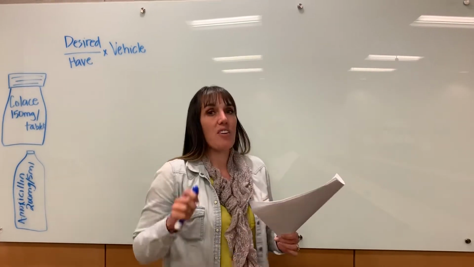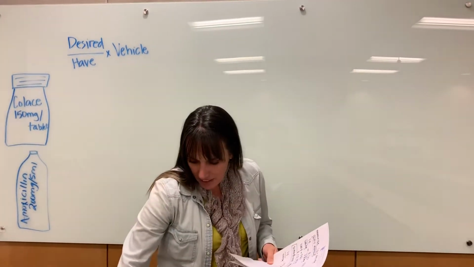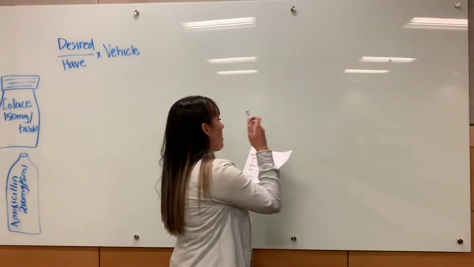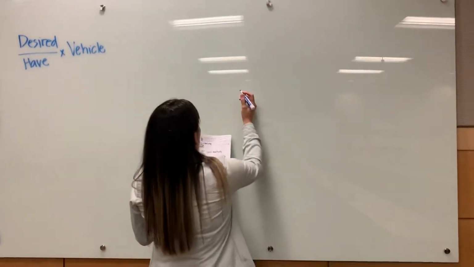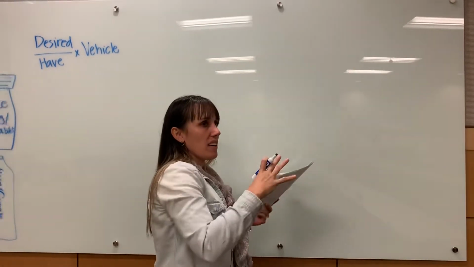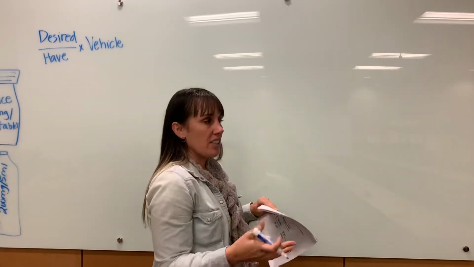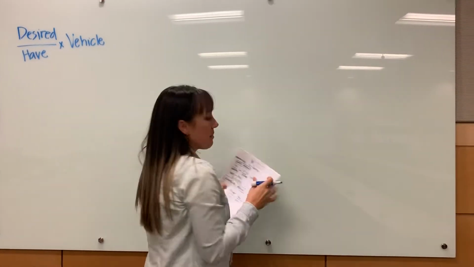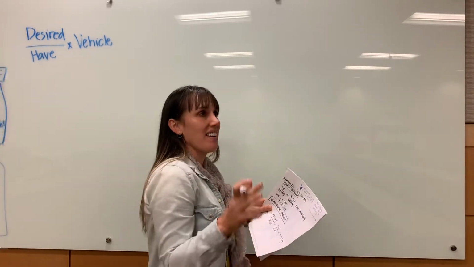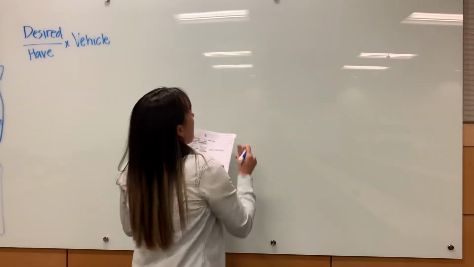So we're going to start out really elementary. By that, I mean I'm going to ask you a question of just converting between grams and milligrams and liters and milliliters. I'm going to show you the different ways to do that with these really basic calculations.